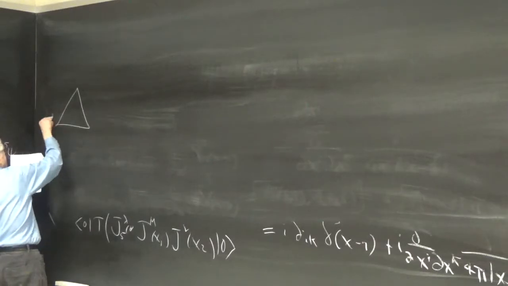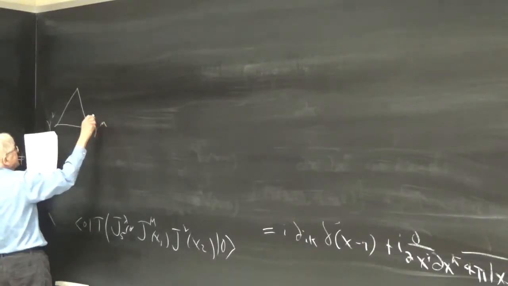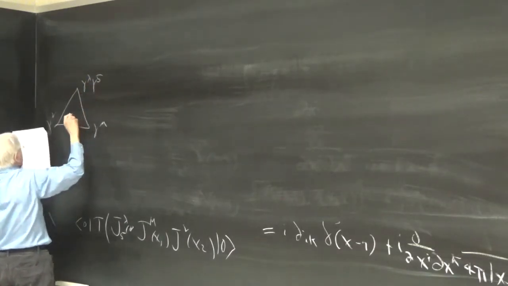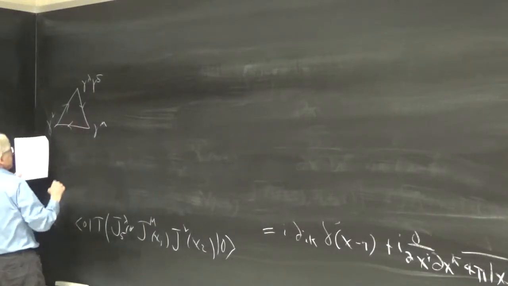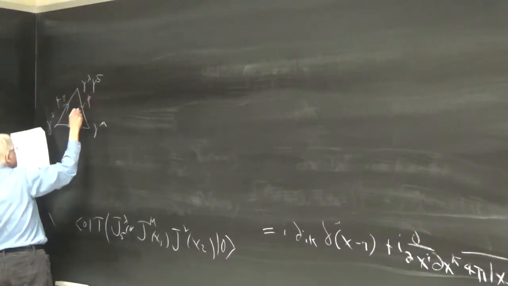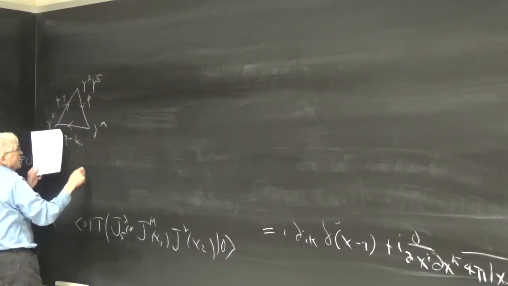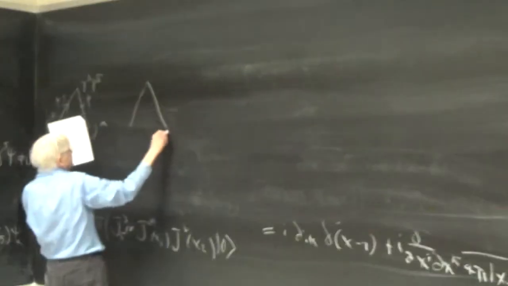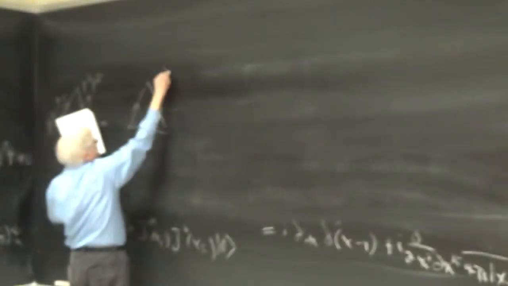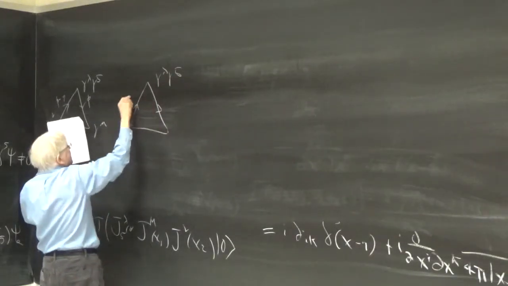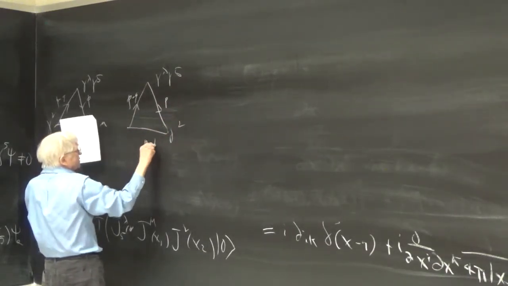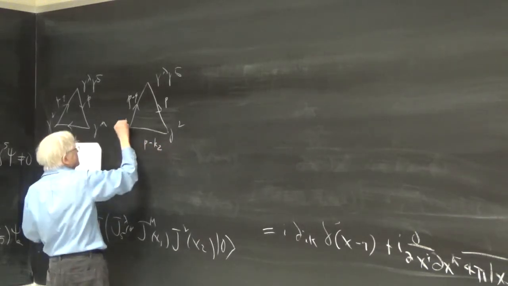You had a gamma nu there, a gamma mu here, and a gamma lambda gamma 5 there, and you basically have 3 fermion propagators, P minus Q, P minus K1, and then another term which looks like gamma lambda gamma 5, P minus Q, P, gamma nu, P minus K2, gamma mu.